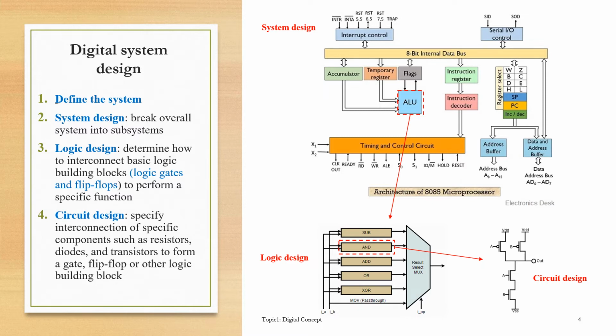In this stage, we will use the basic logic building blocks like logic gates, some circuits or logic components with specific functions like multiplexers, decoders, encoders, etc. Finally, after we determine our logic design for each block, we will realize our logic design using the basic circuit elements like transistors, diodes, resistors, etc. So this is called the top-down design flow.